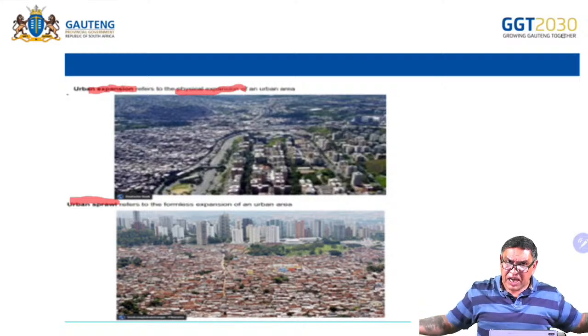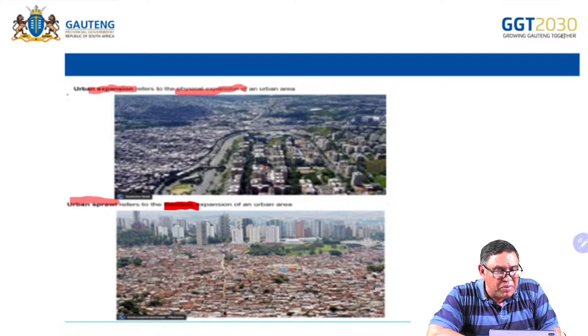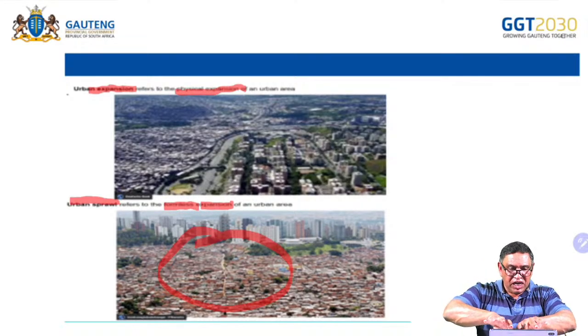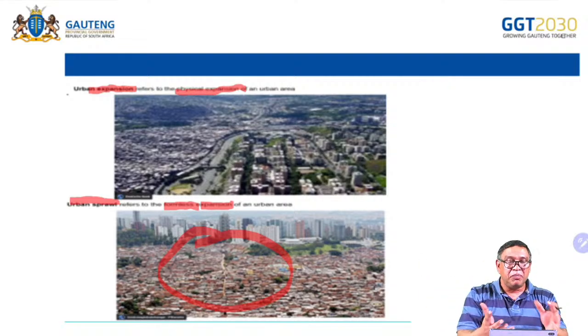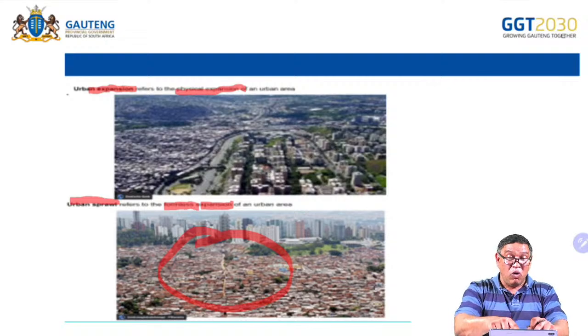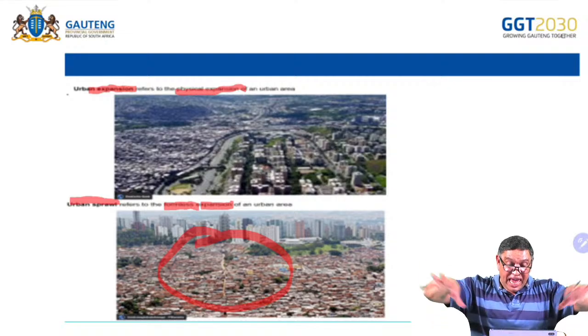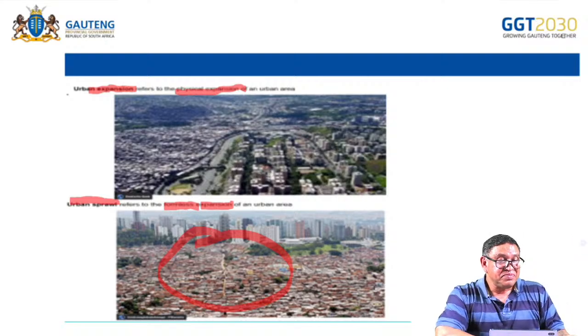Urban sprawl can be expansion because the city is expanding, but it is formless expansion. Like here, you look at the informal settlements just spreading out in all directions, no real planning. But urban expansion can include urban sprawl, and it also includes the planned expansion that the city does.